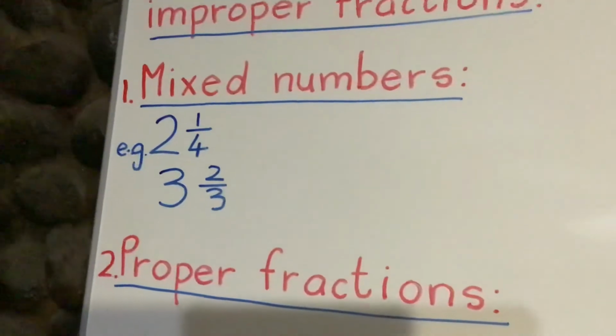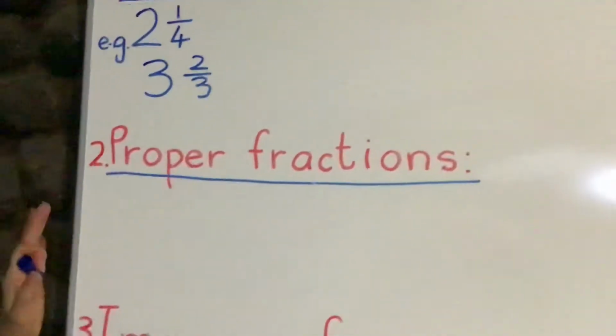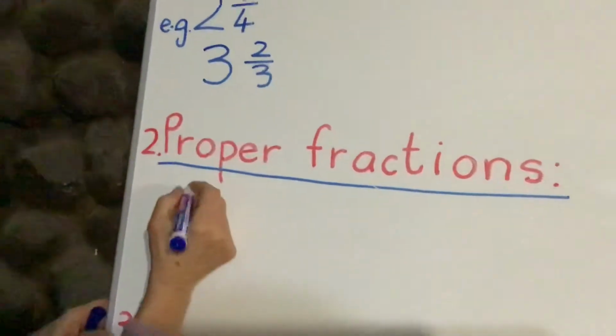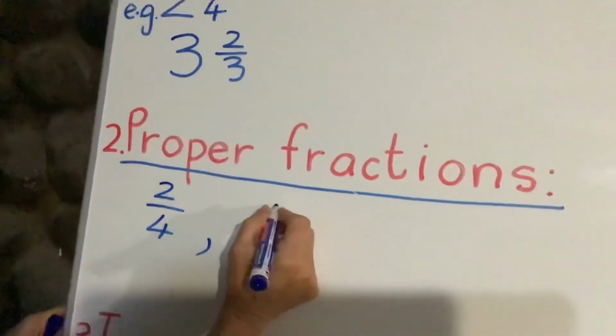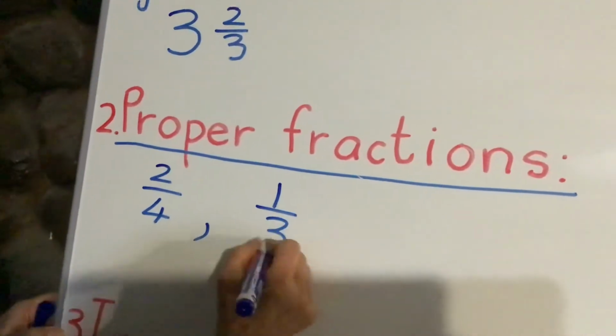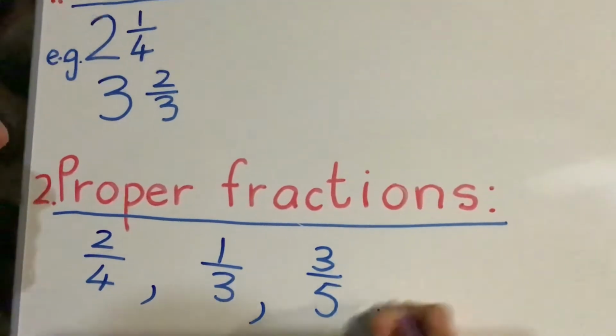All right, now let's take a look at proper fractions. We've already done them before, so I'm going to just write a few examples over here. We could have 2/4, we could have 1/3, we could have 3/5, we could have 9/10.